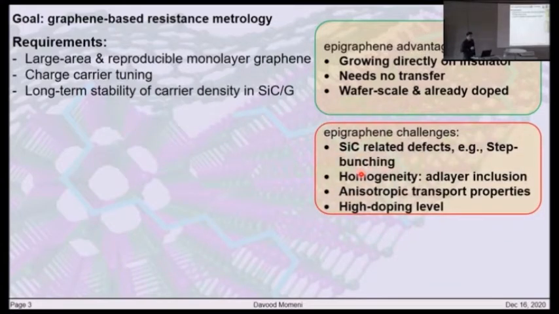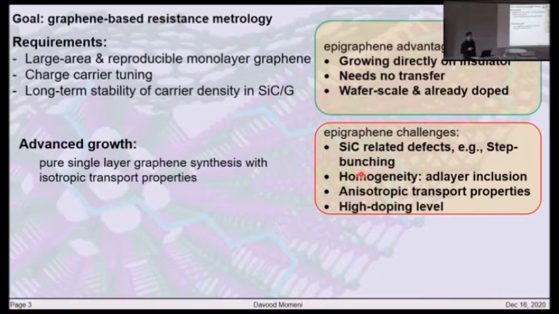But there are also several fundamental challenges, like defects, step bunching, thickness control such as bilayer inclusion, as well as the so-called transport anisotropy in epitaxial graphene, which highly degrades the metrology application of this material.